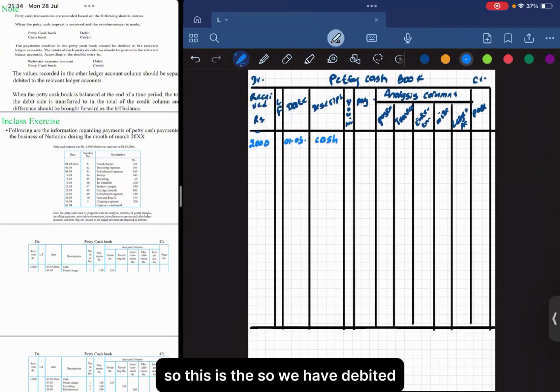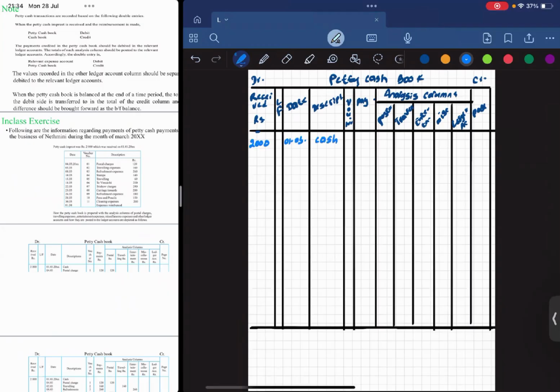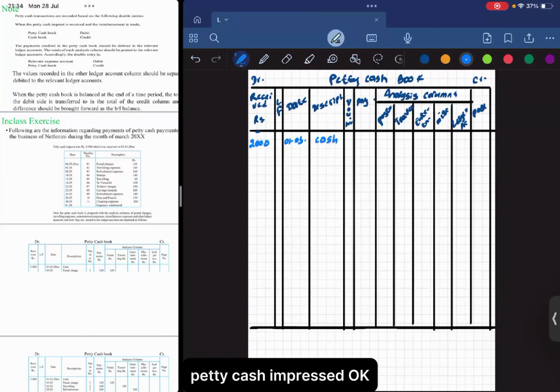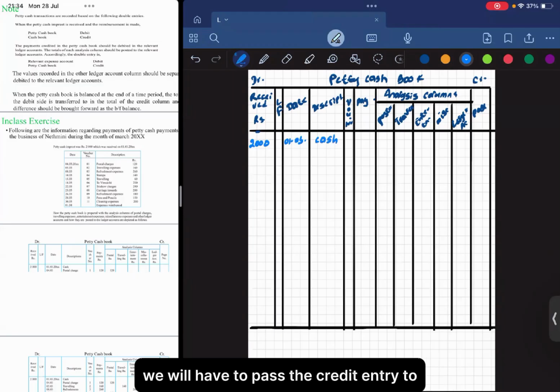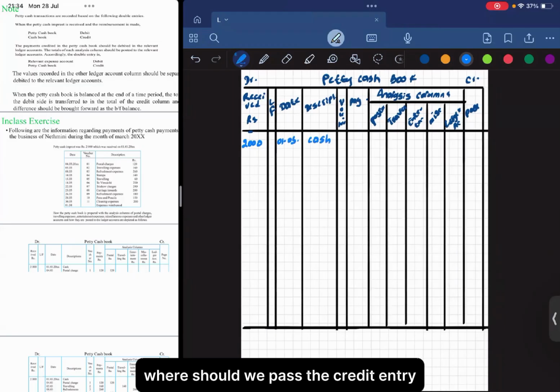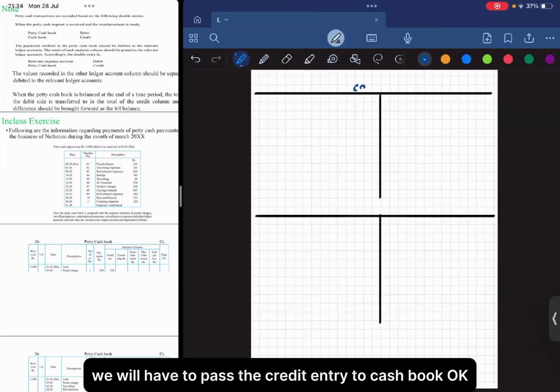So we have debited the petty cash book as we receive the petty cash imprest. On the other hand, we will have to pass the credit entry. To where should we pass the credit entry? To the cash book.